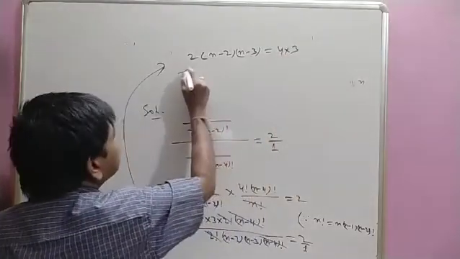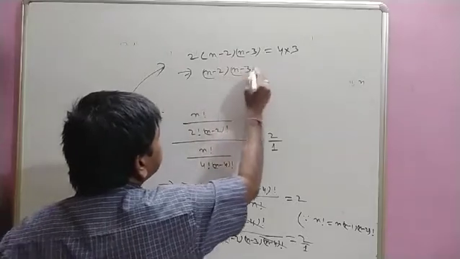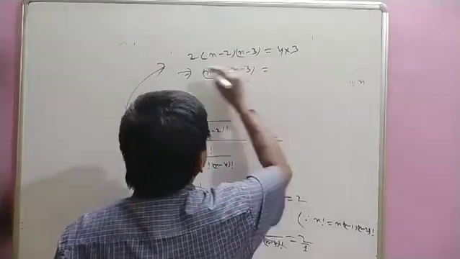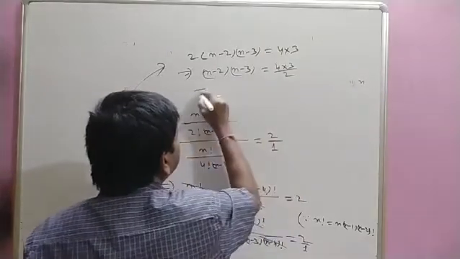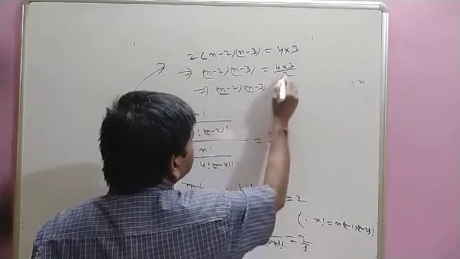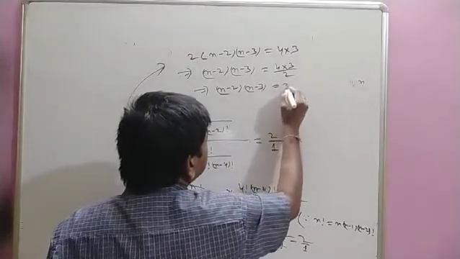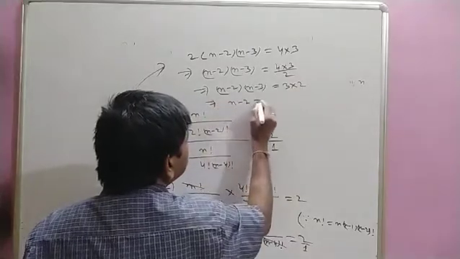Then this becomes n minus 2 into n minus 3 equal to 4 into 3 by 2, which is 3 into 2. So from this, n minus 2 is equal to 3.